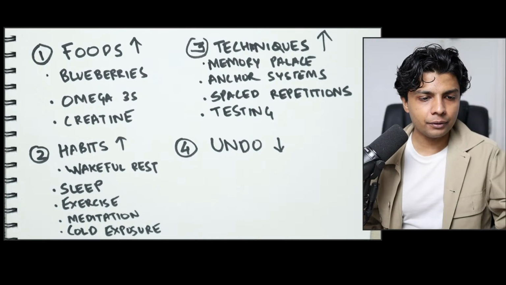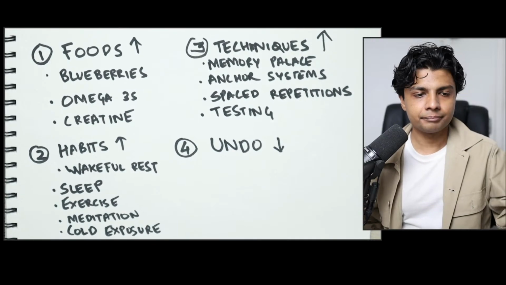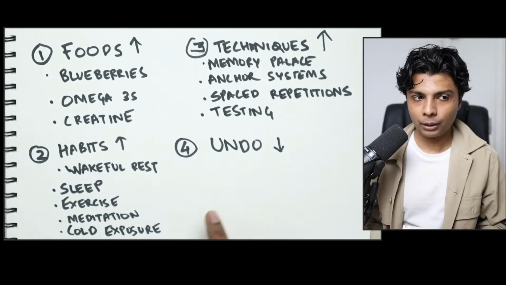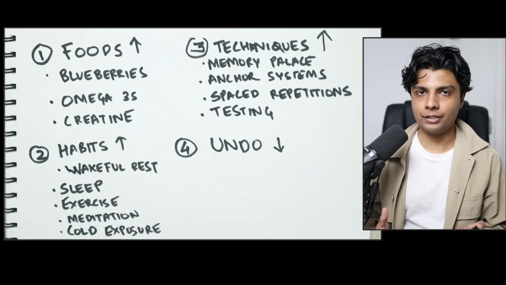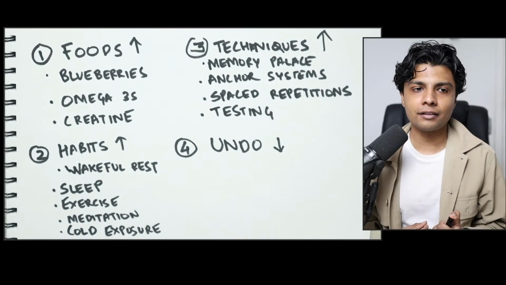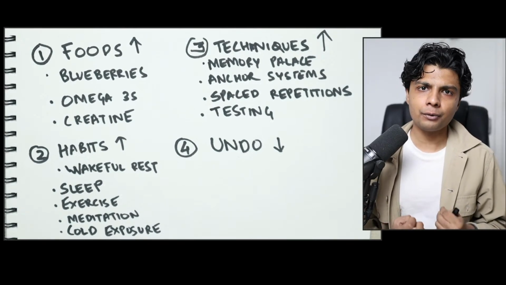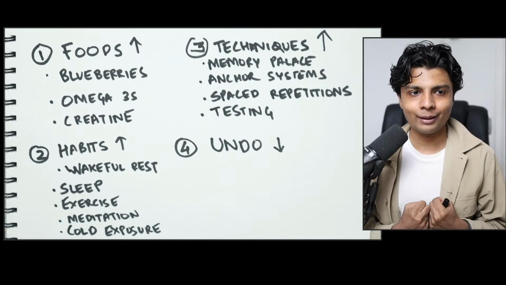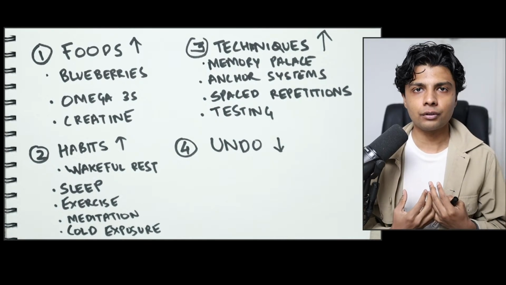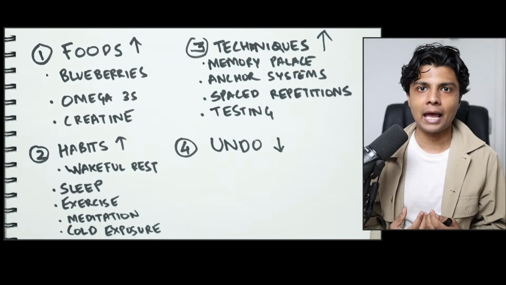And finally, we are going to talk about how do you undo memories? How do you take these negative memories or negative associations that you might have, and how do you undo them for our well-being, for our mental health, so that things don't, for lack of a better word, trigger us as much?